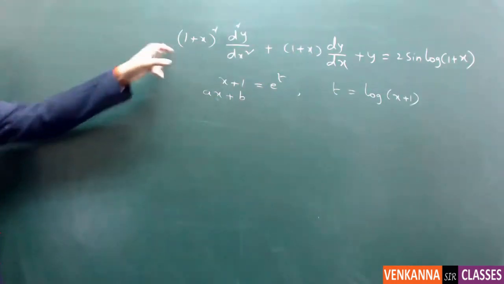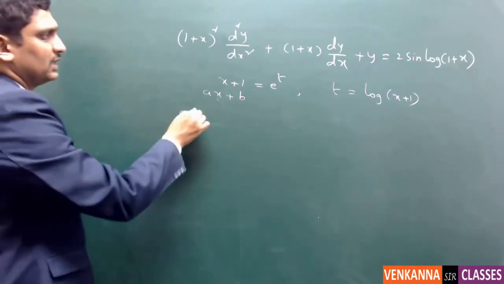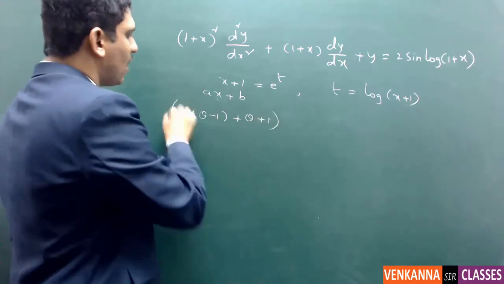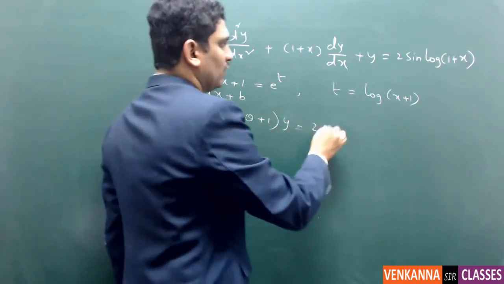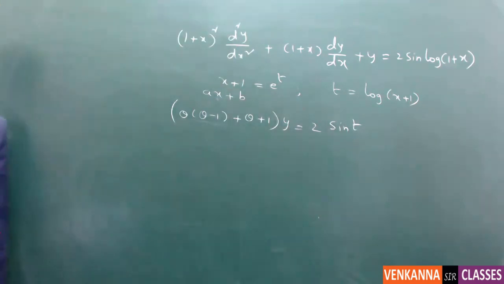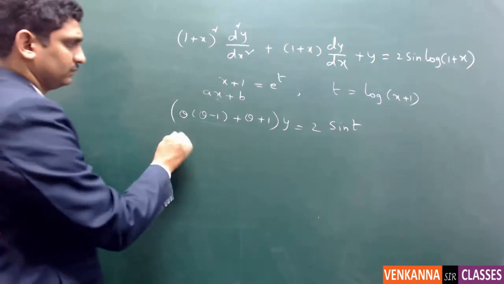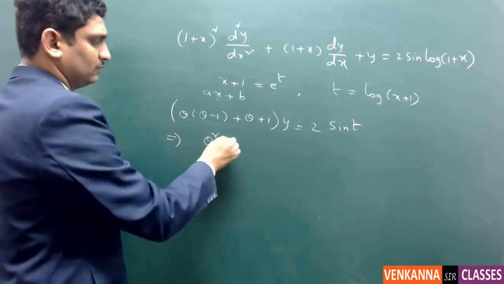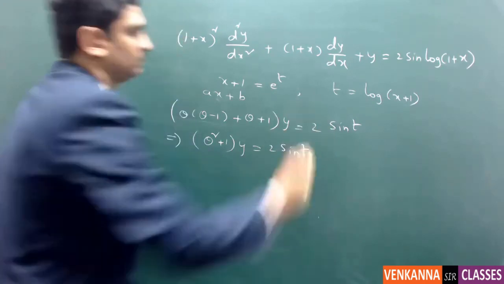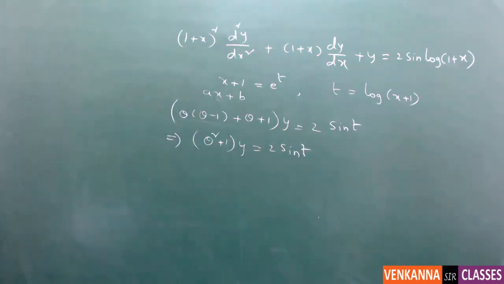Substituting these values in the given equation, you have theta into (theta minus 1) plus theta plus 1 of y is equal to 2 sine t. And you can simplify that. Accepted?